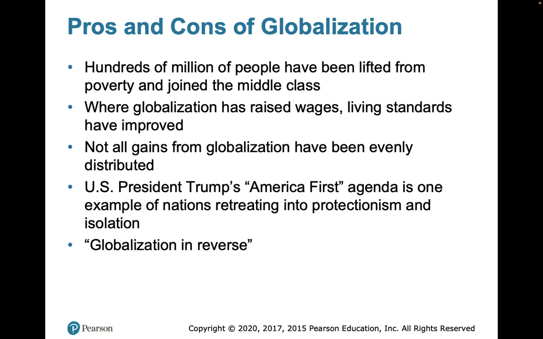Globalization, though it has very big benefits, like I mentioned, some of the challenges, it has its own setbacks too. Okay, hundreds of millions of people have been lifted from poverty. That is one of the advantages, and it can create job opportunities. It creates financial empowerment, because apart from getting the job, you are able to earn a living, and you earn money to sustain yourself and your family.